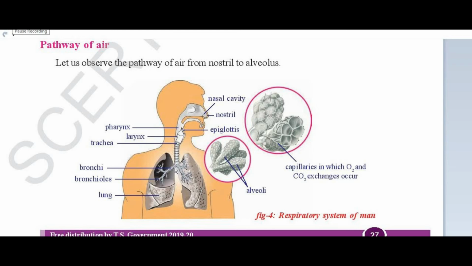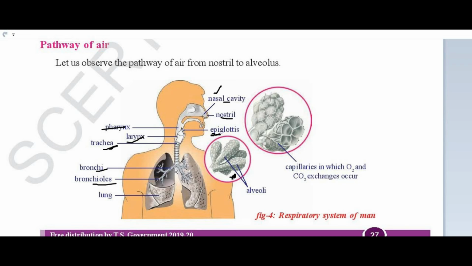This diagram shows the pathway of air in the respiratory system of man. It starts with the nostrils, next the nasal cavity, pharynx, epiglottis, larynx, trachea, bronchi, bronchioles.